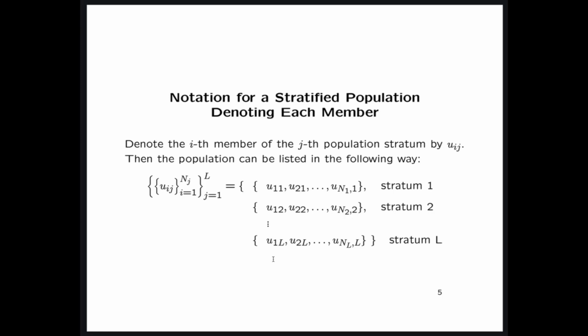And finally up to the last or Lth stratum, u1L, u2L, and so forth up to the last member in that stratum, u sub capital N sub L, comma L. So in this notation, the second subscript is the stratum number. The first subscript is the member within that particular stratum.